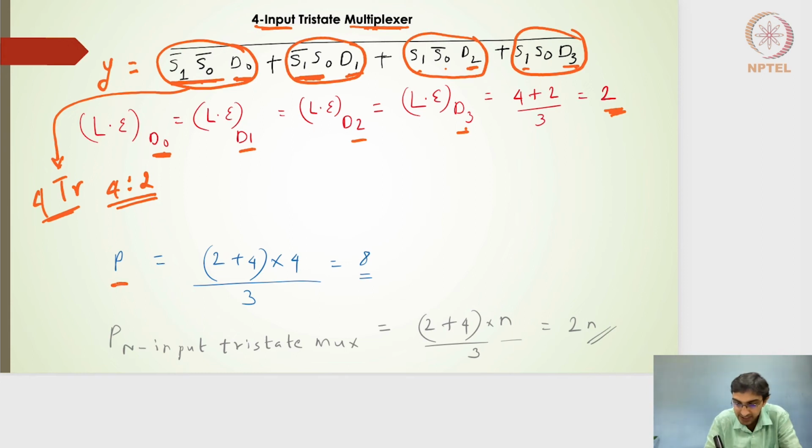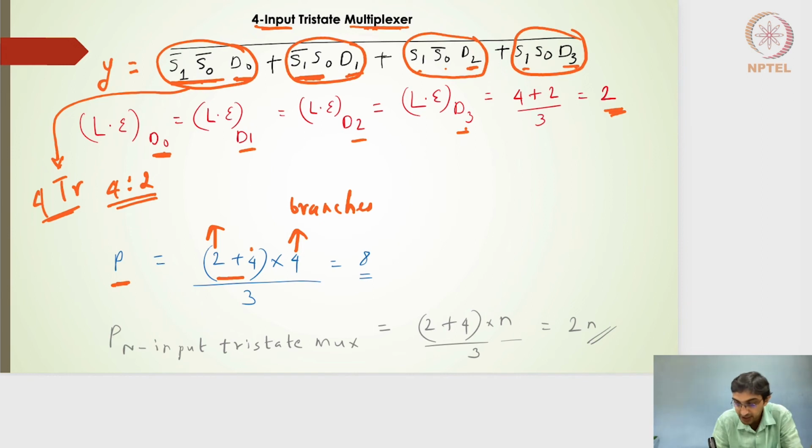And the normalized parasitic delay, because I have 4 branches now, at the output node I will have 4 plus 2 multiplied by 4, because there are 4 branches. So this is the number of branches. And then this 2 plus 4 is coming from the transistors which are closer to the output rail.